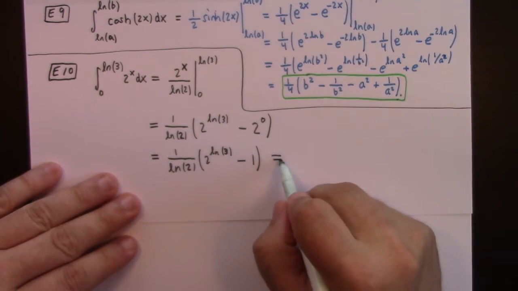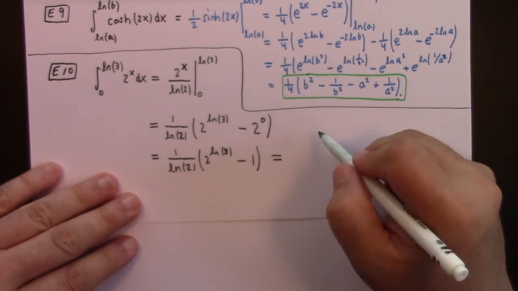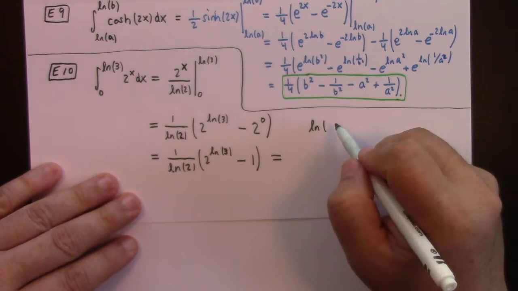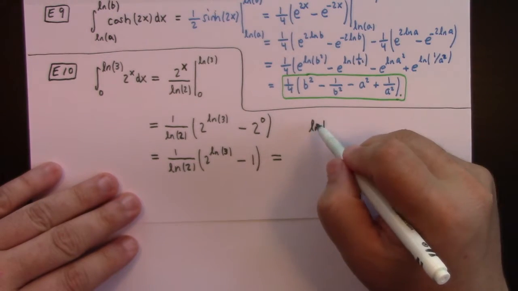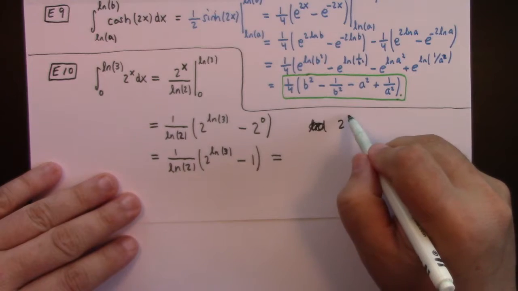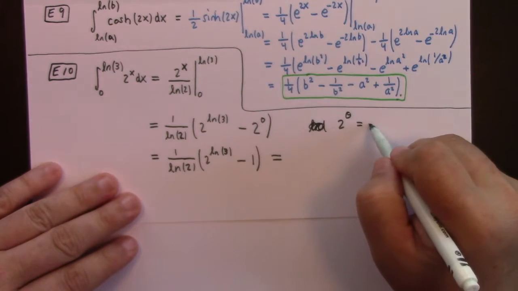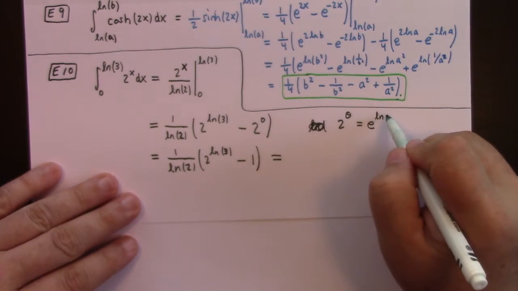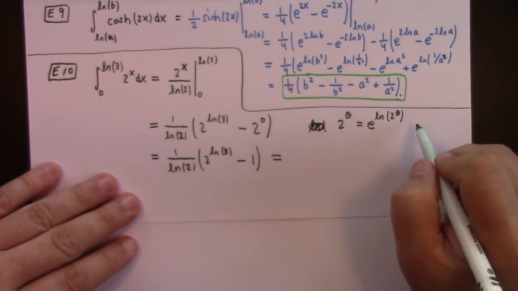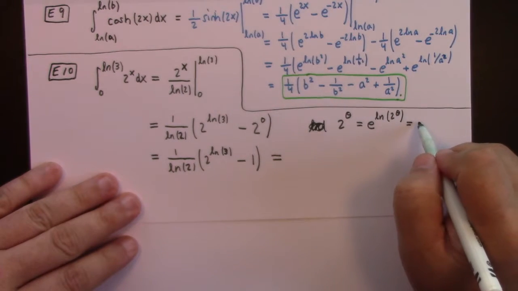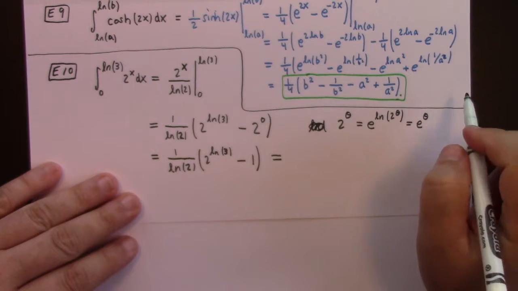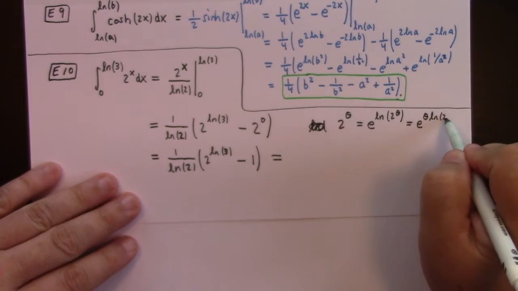Now, let's see here. Can I do better? Well, 2 to the theta can be rewritten as e to the natural log of 2 to the theta, which is e to the theta times the natural log of 2.